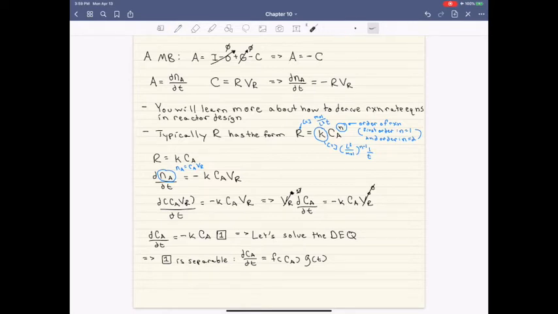Based on our equation 1, we could say that our f of Ca is just going to be Ca, and our g of t is just going to be negative k. There's not really anything explicitly a function of t, so we could just say it's equal to this constant. What we need to do now is move all the Ca stuff to the left-hand side, and move all the t stuff to the right-hand side.